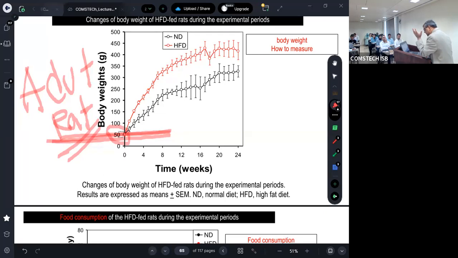So normally in 5 to 6 months, the body weight is up to 300, and their body weight goes up to 450 by 16 weeks.